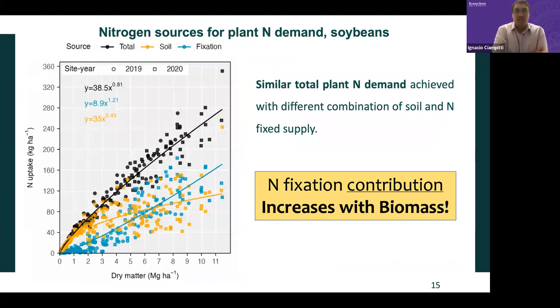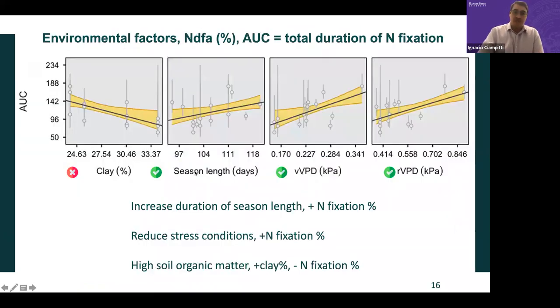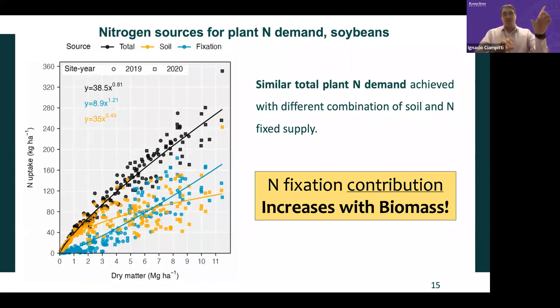Here is another study that we did last year. In this case, we wanted to identify, as I mentioned before, if you remember one of our first slides, the relationship between uptake and biomass.